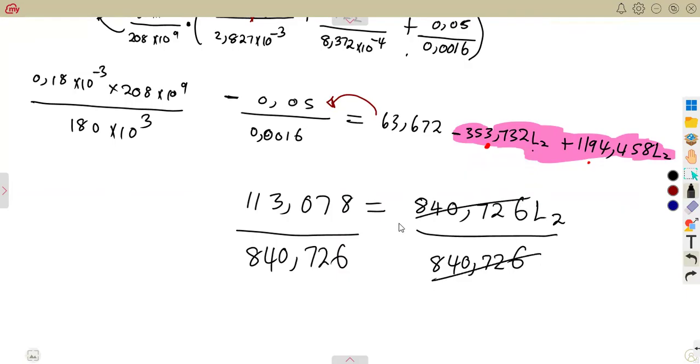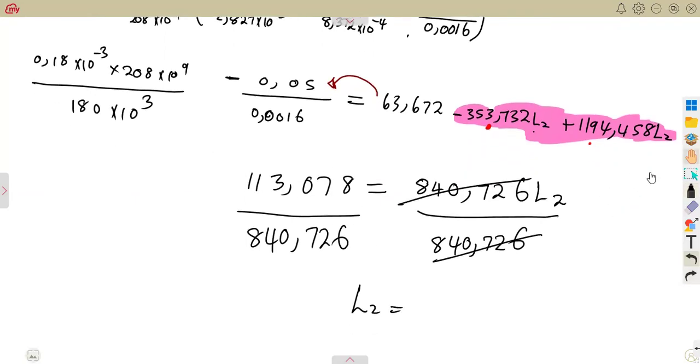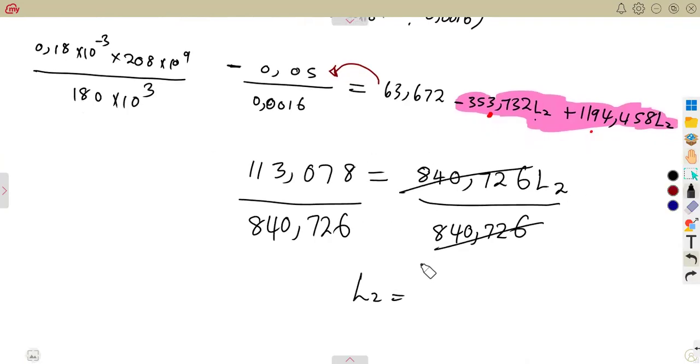So this can cancel, and you're remaining with L2 there, which is the length, the one you are being asked for. The length of the middle section was going to be 0.1345004 like that. As you know, this length will be in meters.